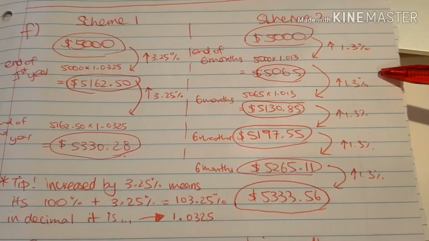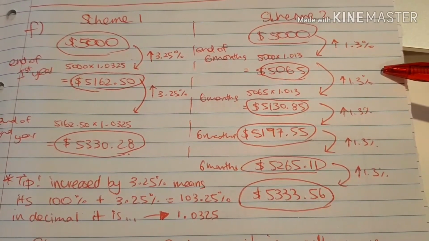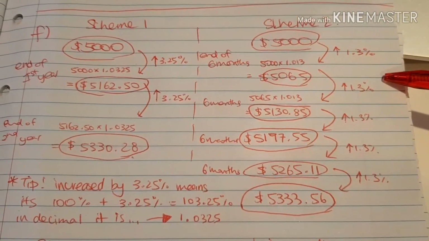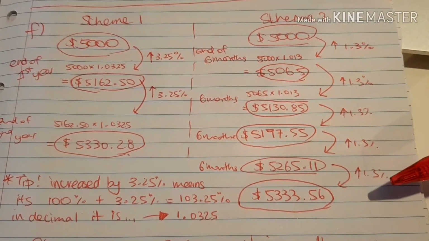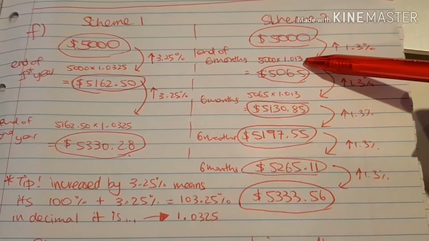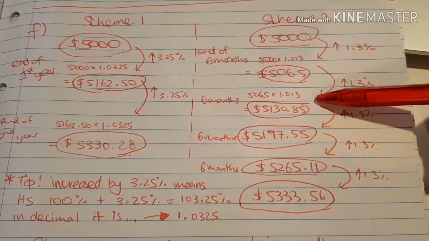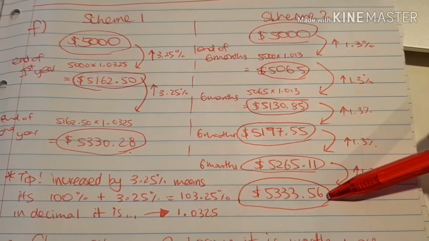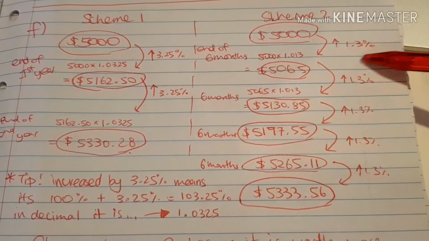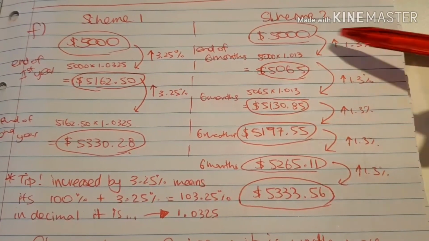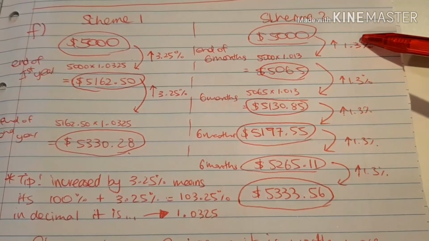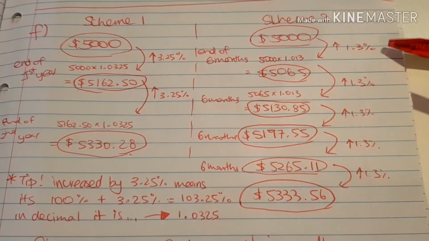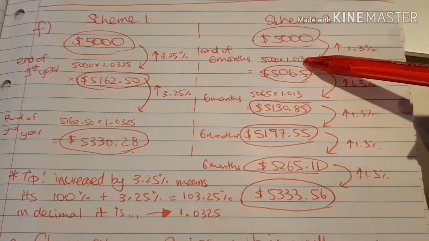If she used scheme 2, she's getting 1.3% interest at the end of every 6 months. So over the 2.5 years, the first 6 months, another 6 months will be 1 year, then 1 year and 6 months, then 2 years, and the half. It's going up by a smaller percentage, 1.3%, but it's still going up, so I'm adding 100 to this. It will be 101.3%, which if I put it back into decimal, will be this one.